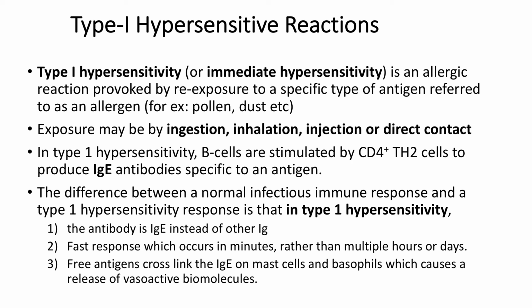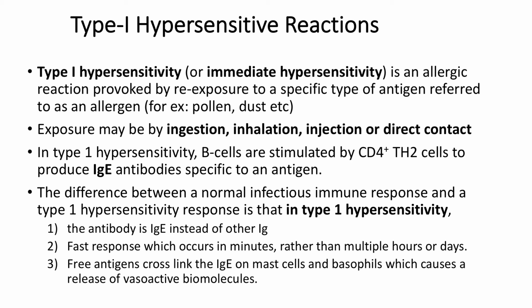The difference between a normal infectious immune response and a type 1 hypersensitivity response is that the antibody is IgE in type 1 hypersensitivity, whereas in other cases usually other immunoglobulins are produced. Then, the type 1 hypersensitive response is very fast and occurs within minutes rather than multiple hours or days.